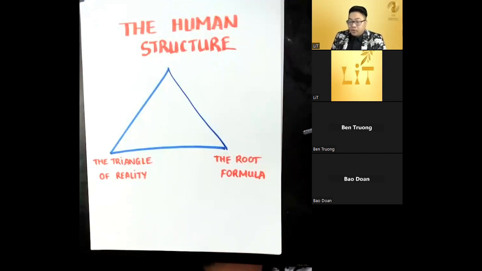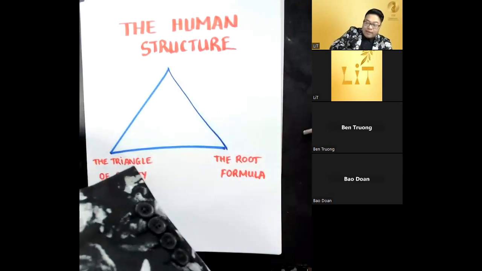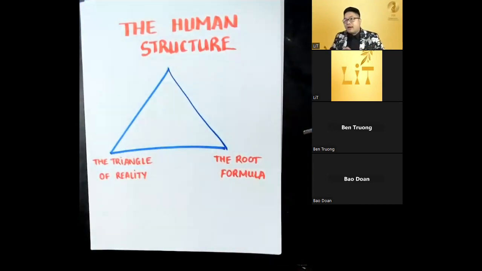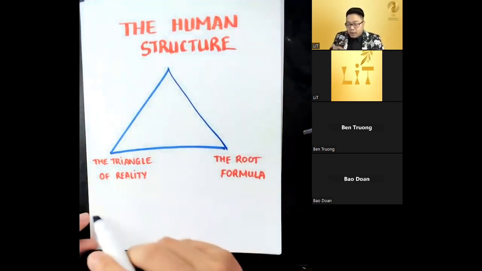Okay, and the third semantic reference system is arguably my favorite, the human structure. When we talk about the human structure, it is a little bit more powerful than the simple words themselves. So let's call back to the triangle of reality very quickly. The triangle of reality says that everything that exists in our world consists of three parts.